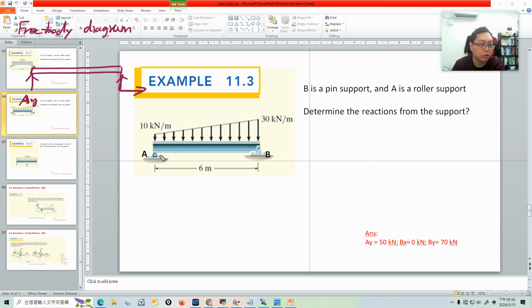The roller support allows translation in the horizontal direction. So for the support at B, I call the upward one BY and the horizontal one BX.